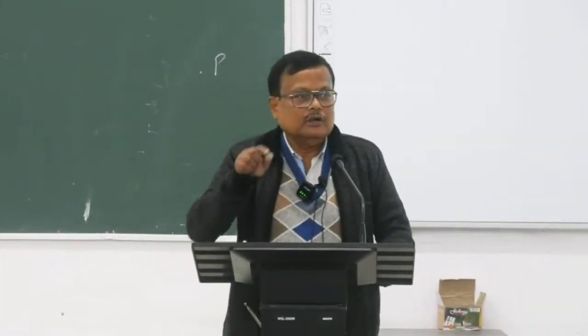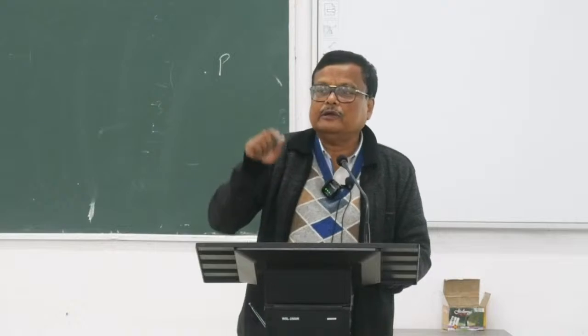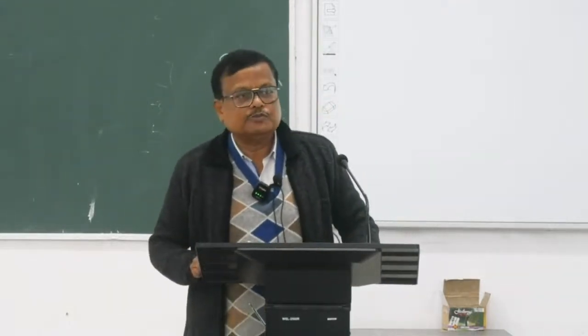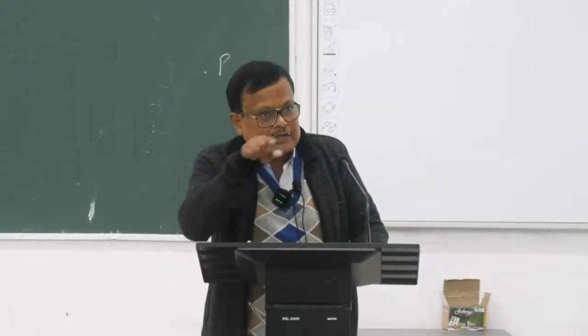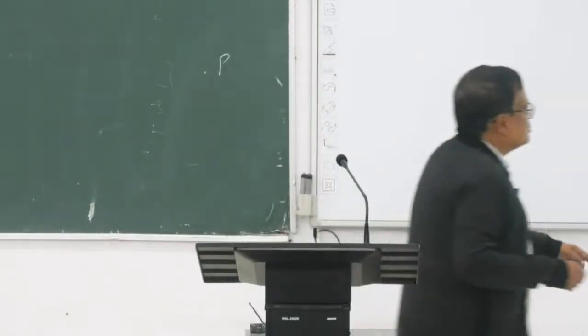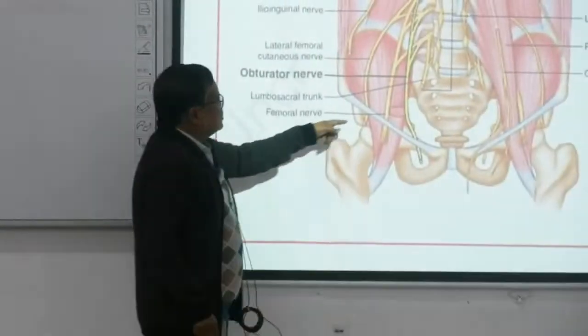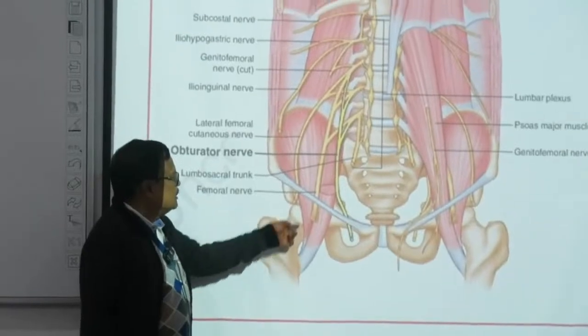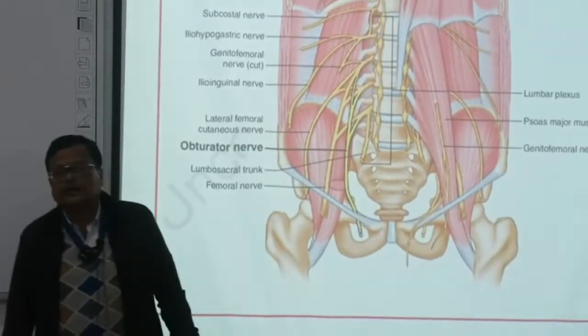There is a notch between the anterosuperior iliac spine and the anteroinferior iliac spine, and it passes through the notch to come out in the thigh to supply the cutaneous sensation of the lateral aspect of the thigh.